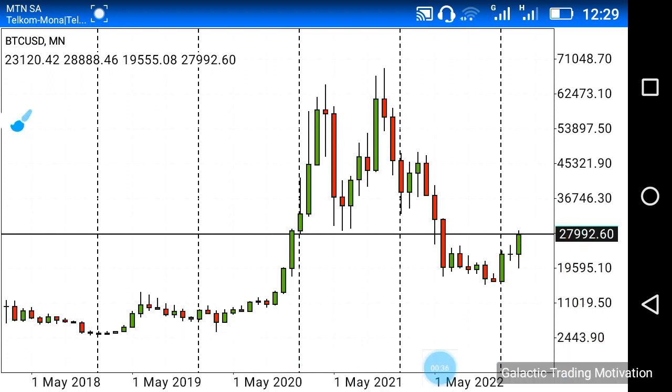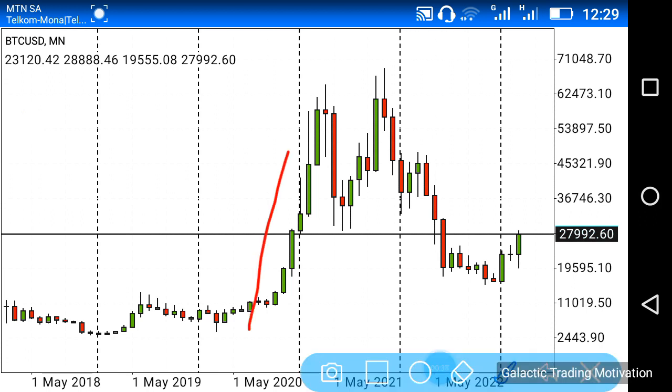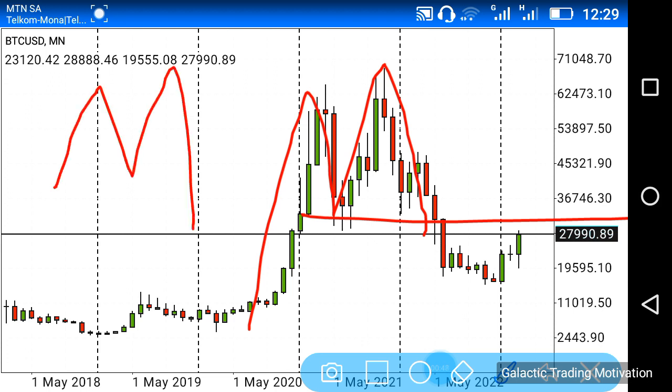Another thing that I see that is also very much important is the fact that we have this structure over here, which is an M formation, and it has a neckline at that point. By now you guys know that whenever it comes to structures such as the M formation, we know that ideally we want to see price break into the bottom side of this neckline and then head back up to the neckline to test it.